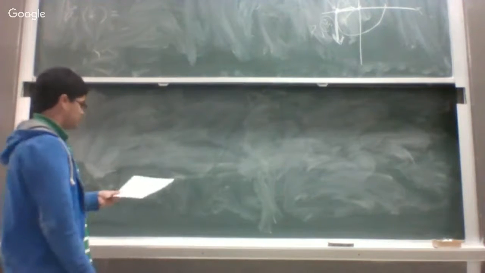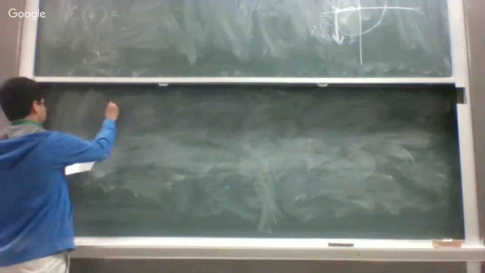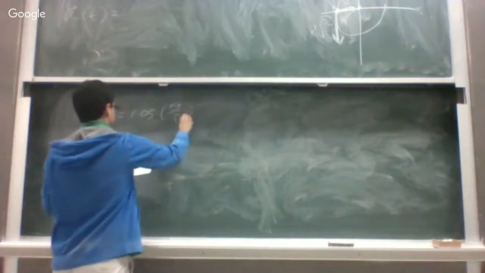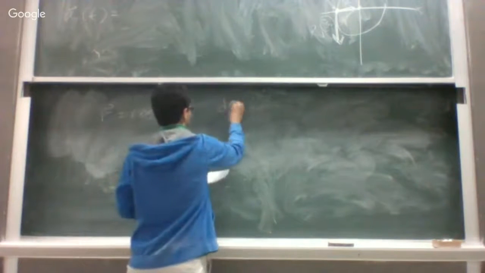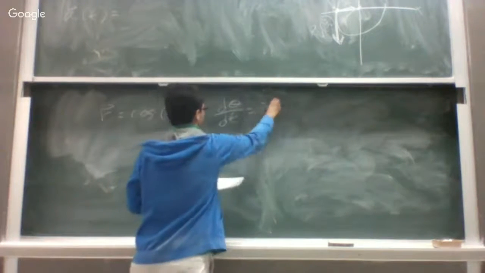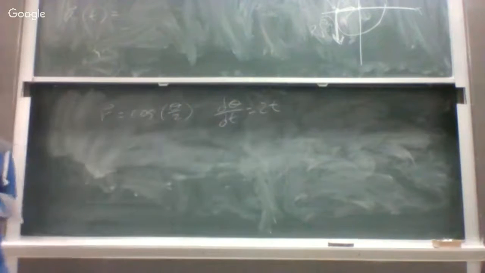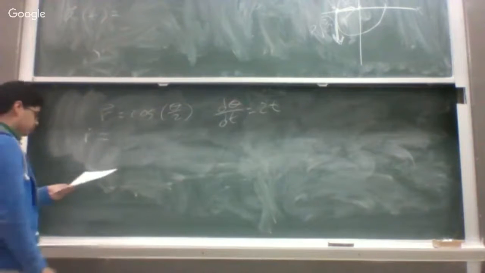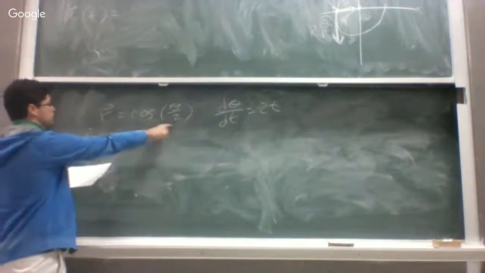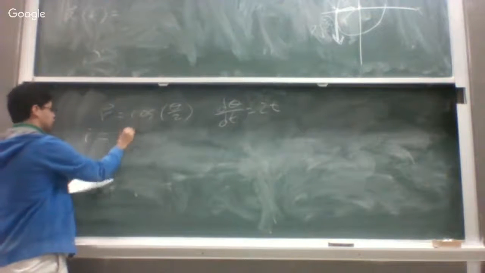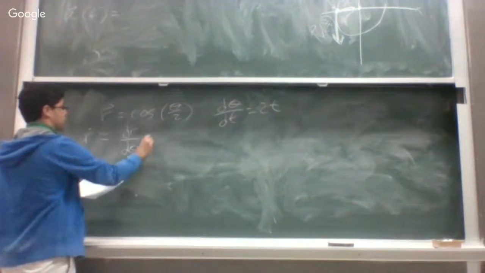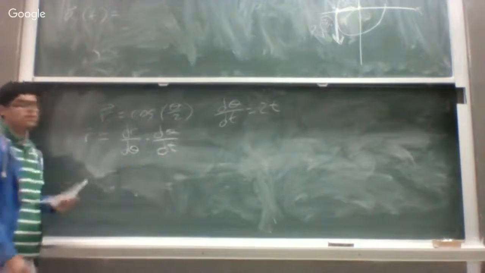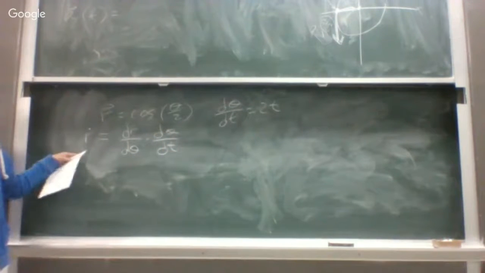I'll write it down. So for this one, we are given r is equal to cosine of theta over 2, and we are told d theta dt is equal to 2t. Okay. So then if we are to find r prime, it is doing the chain rule. Since r is in terms of theta, we can get dr over d theta, but we need to multiply it by d theta dt, because it's asking the derivative of r with respect to time.